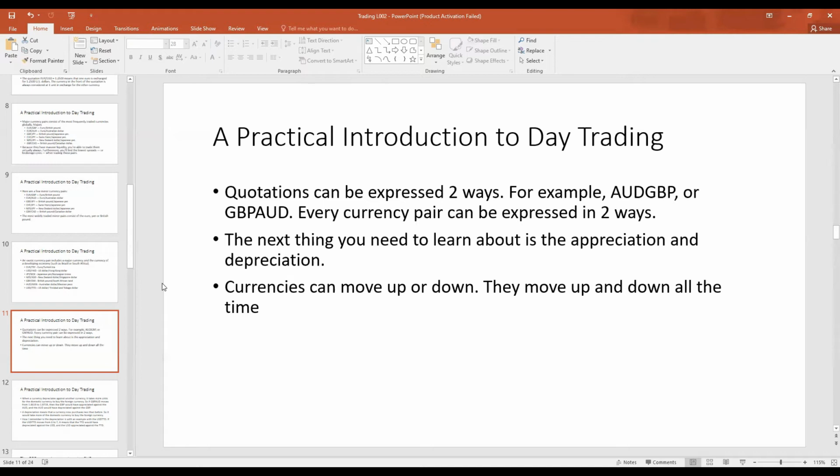Let me give you an example. The exchange rate between the Trinidad and Tobago dollar and the US dollar is approximately 6.5 to 1. So 1 US dollar is equal to approximately 6.5 Trinidad and Tobago dollars. So this can be expressed in this manner.